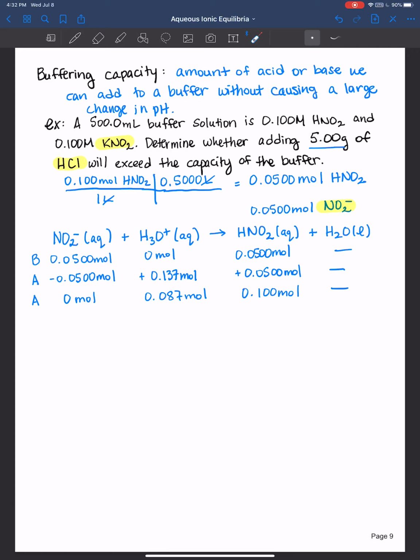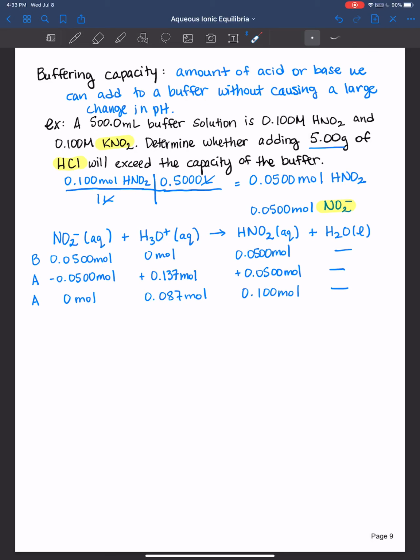Now, because when we added the acid here, some of it reacted, 0.05 moles reacted, everything's a 1-to-1 ratio here. Then I took that 0.137 that was added and subtracted out what was reacted, 0.05, and you get 0.087 moles of that strong acid left over in solution.